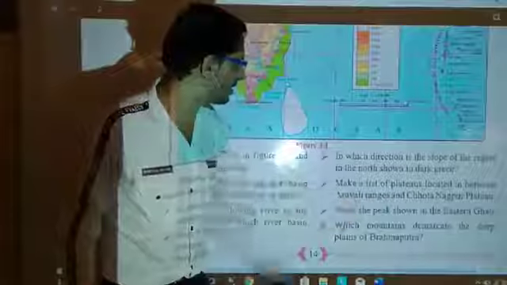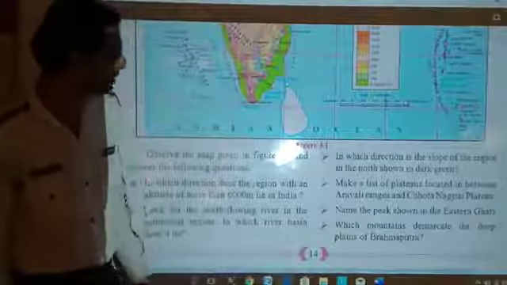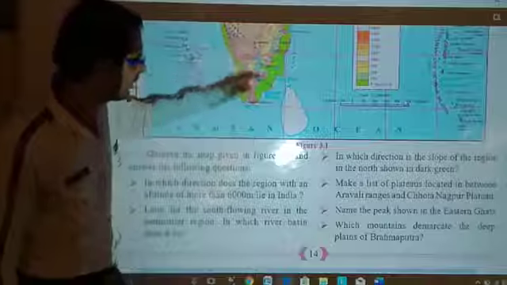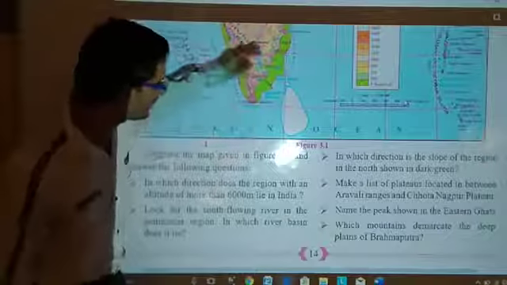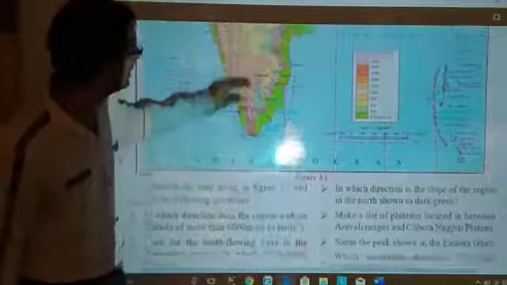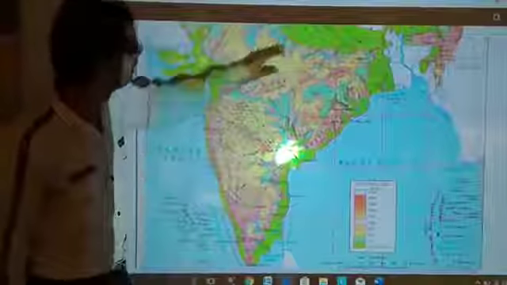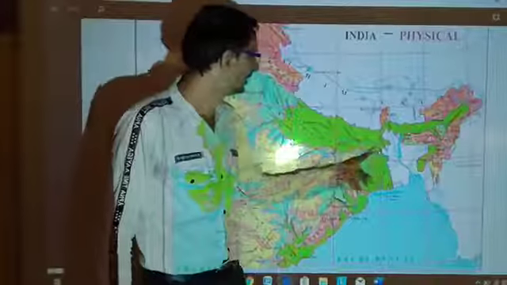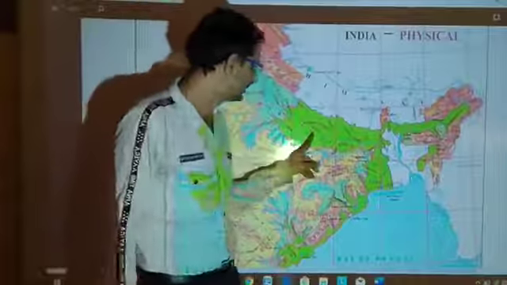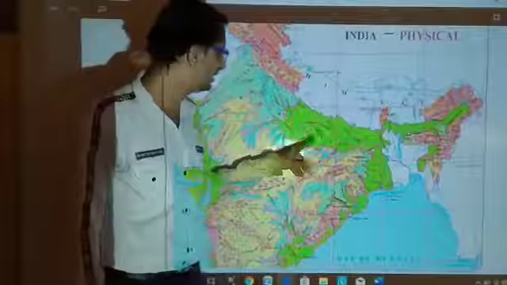Now, in which direction is the slope of the region in the north shown in dark green? It is towards the northeast. You can see this greenish tint over here.